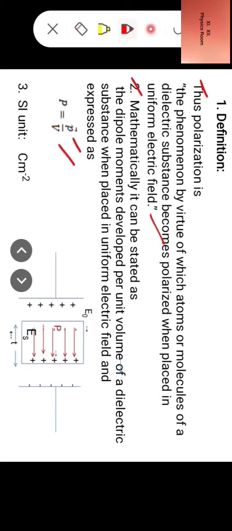Now the SI unit of polarization: coulomb per meter square. Coulomb meter for dipole moment and meter cube for volume, so the resultant unit comes out to be coulomb per meter square.